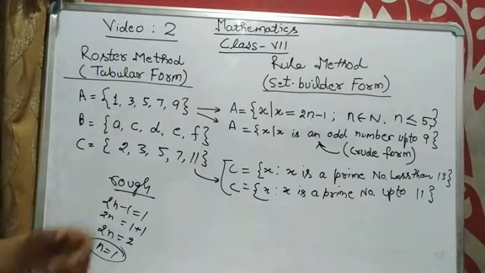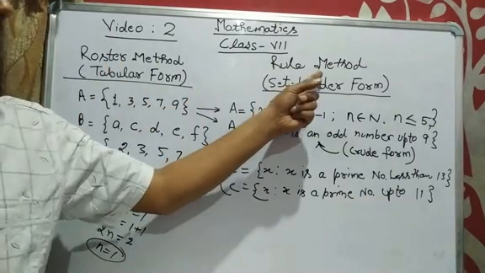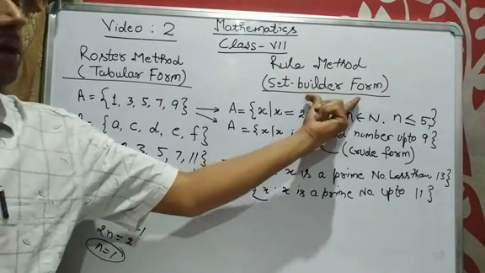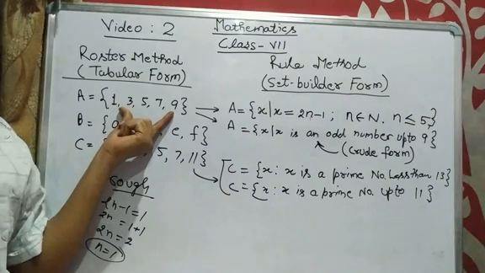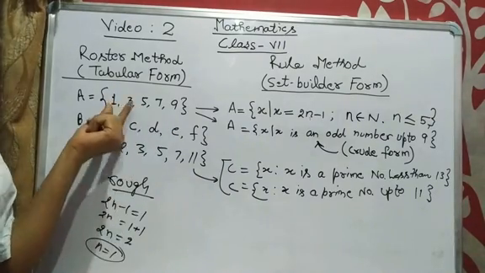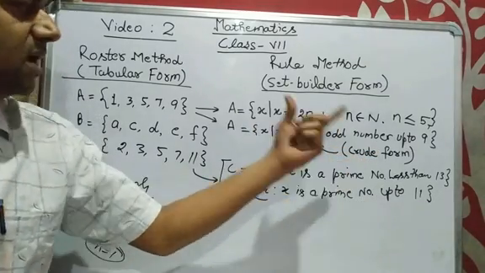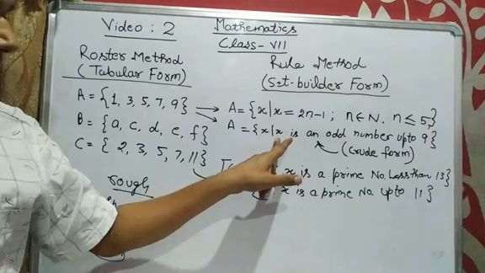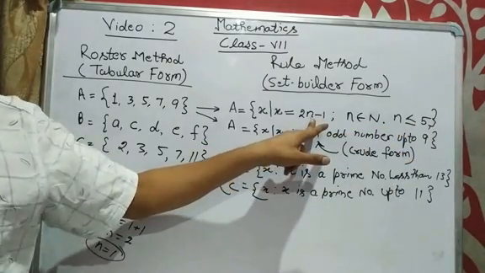So dear students, just make the little bit of difference between the roster method as well as the rule method, or we can say the tabular form as well as the set builder form. In the roster method, we represent the elements separately by commas in curly braces. Here also in curly braces, but there are two ways to represent the set builder form. The first one is the mathematical notation. Through the mathematical notation, we give a definition.